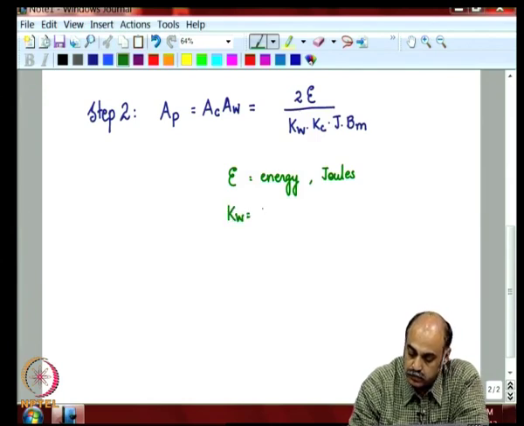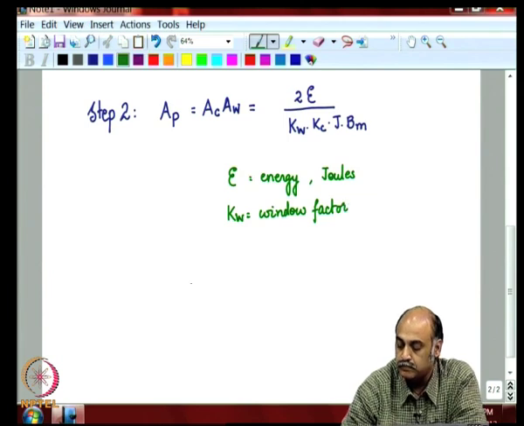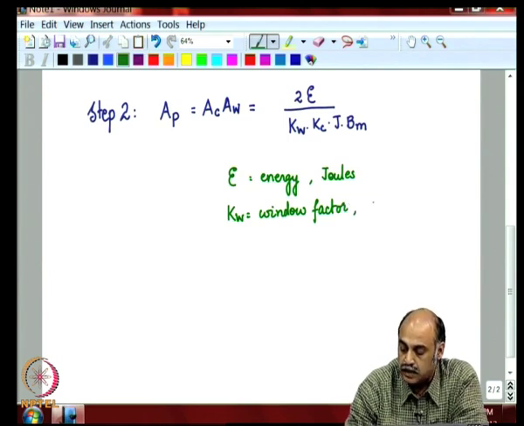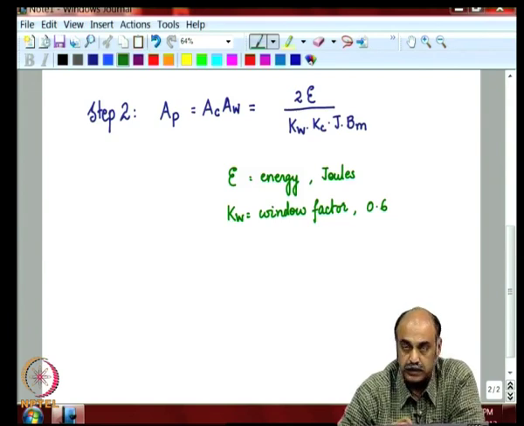Kw is a factor for the window area called the window factor, and this has a value of around 0.6 for single winding inductors.